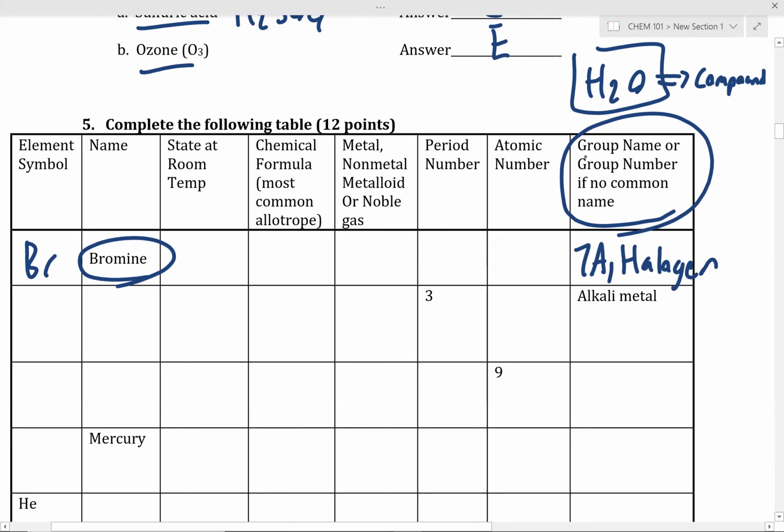Because I said, tell me the group name or the group number if there's no common name. So these are the halogens. The reason why I asked you to think about this is because halogens in general, are they monoatomic, diatomic, or polyatomic? Diatomic. So the chemical formula would be Br2.